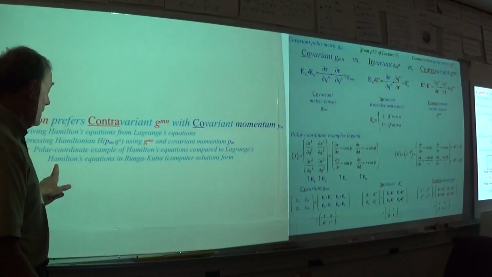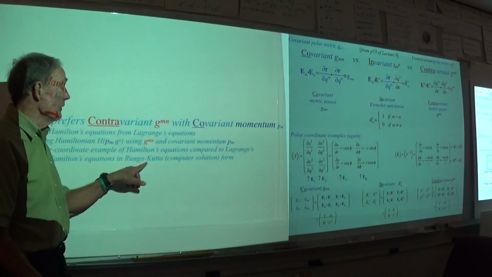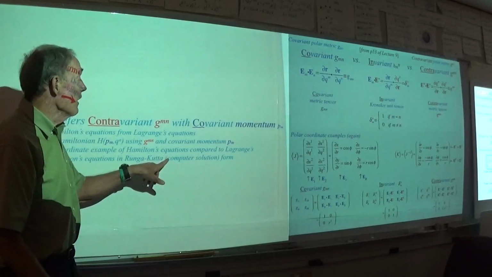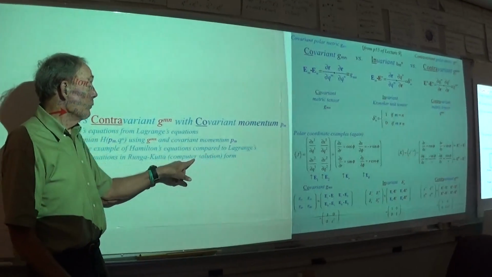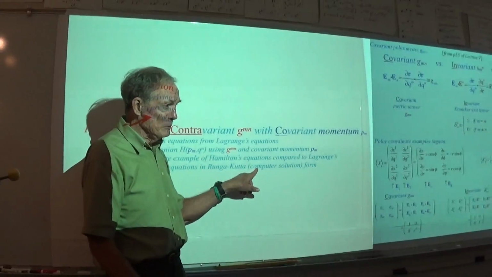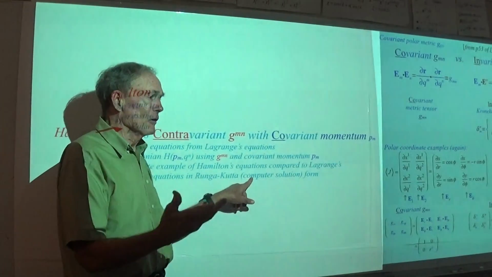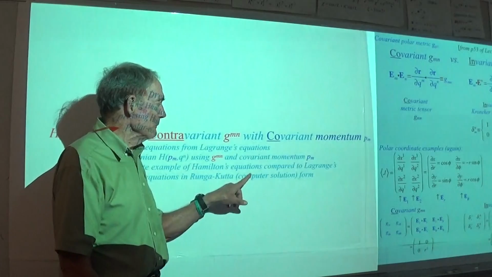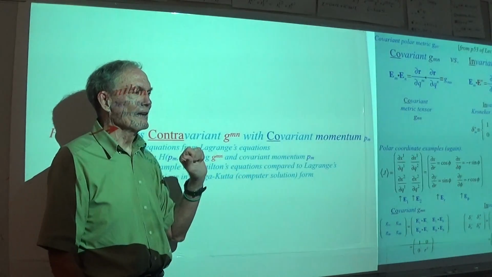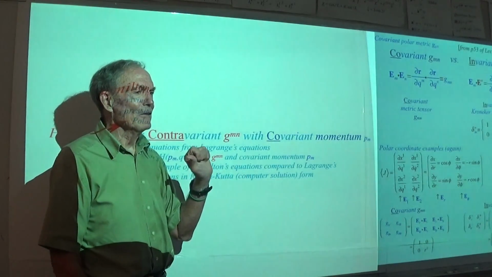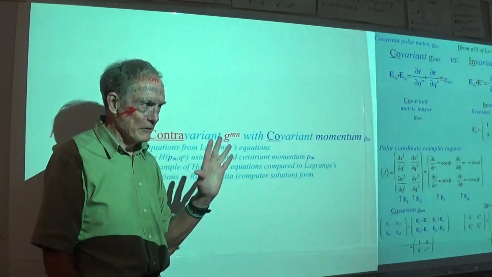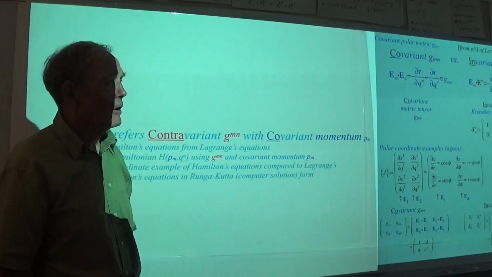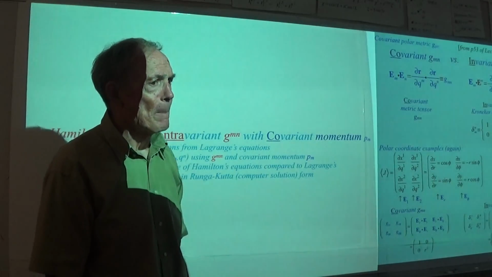But I'll point out at the end that Hamilton's equations are in a Runge-Kutta formation. That is, they are set up for the workhorse of numerical simulation, fourth order RK, Runge-Kutta. That is a powerful method for doing, well, all our simulations are basically Runge-Kutta.